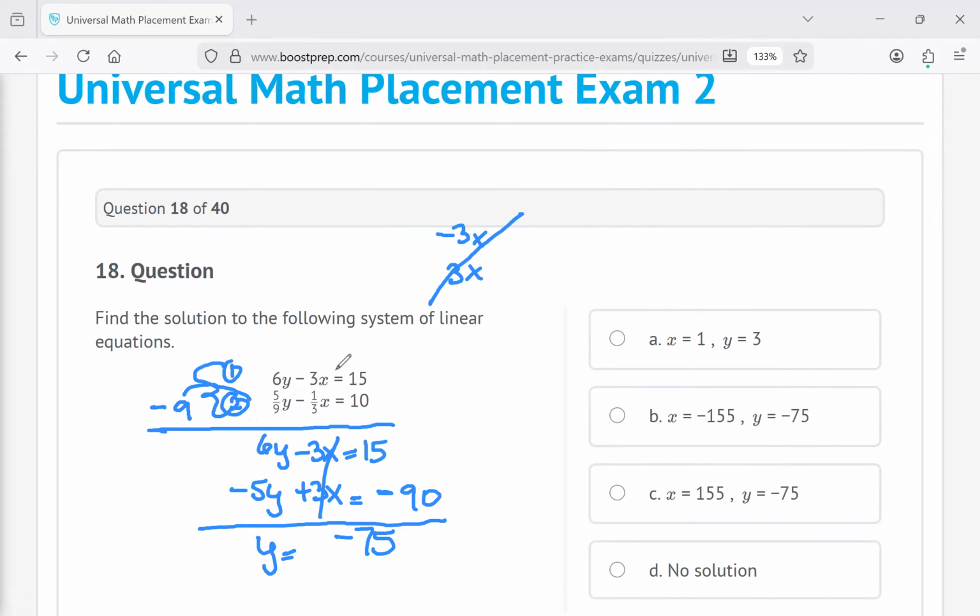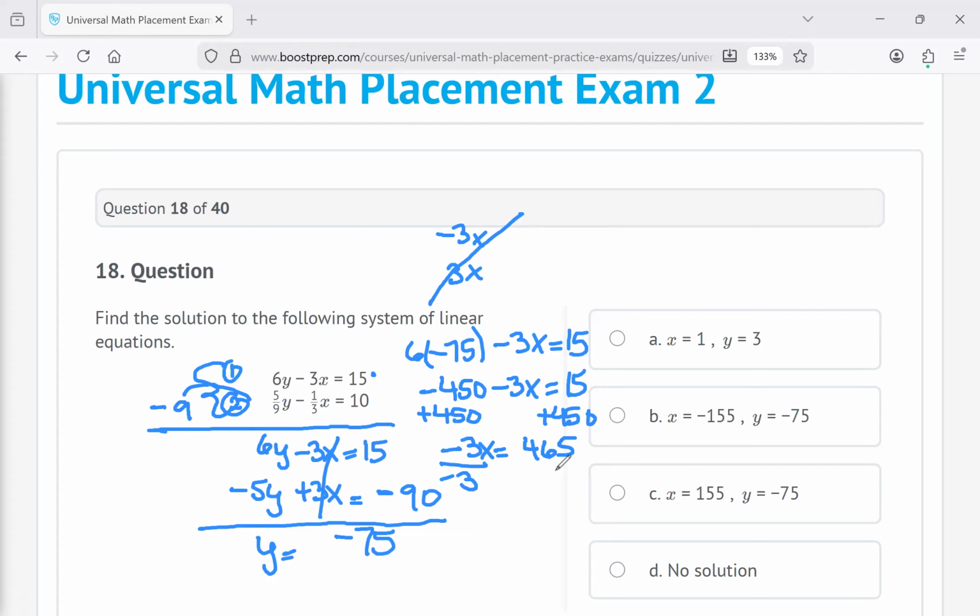Now let's find x. To find x, you just plug in y. I'll plug it back into the first one. So it's 6 times negative 75 minus 3x equals 15. 6 times 75 is negative 450. Add 450 to both sides. 450 plus 15 is 465.